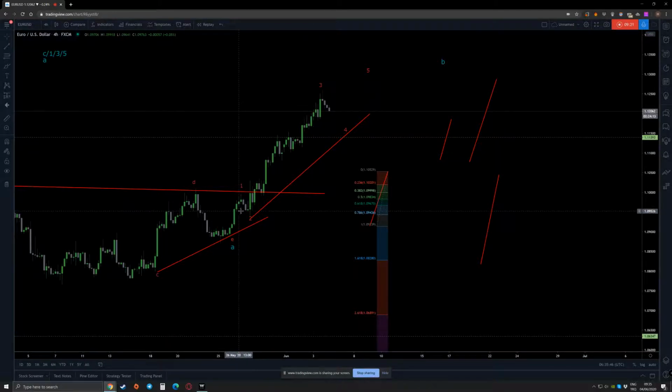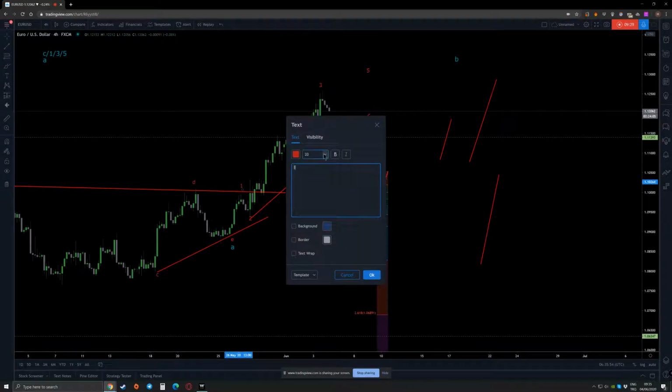Also, what can be the other possibility? Well, now let's say that this all can be 1 degree lower.